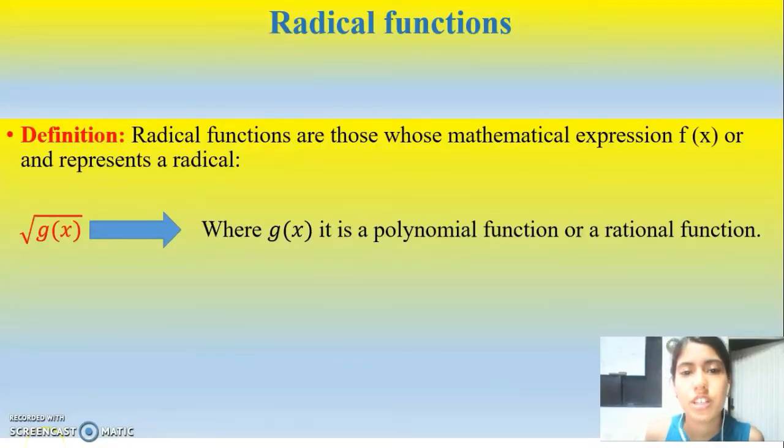Irrational functions. Definition. Irrational functions are those whose mathematical expression f of x is the nth root of g of x, where g of x is a polynomial function or rational function.